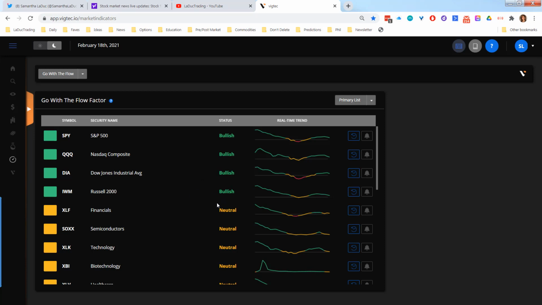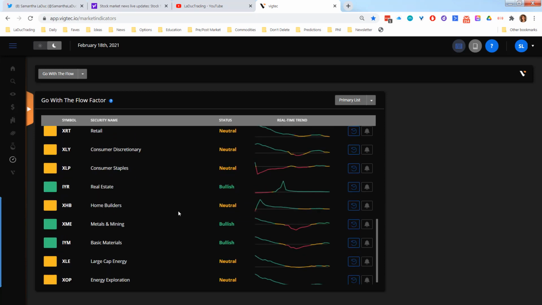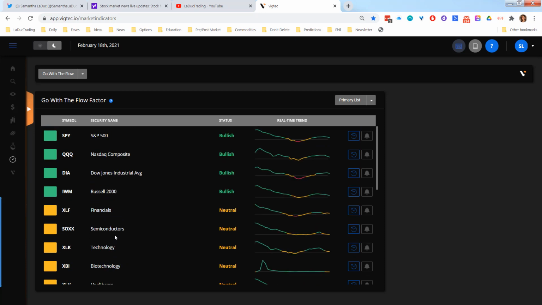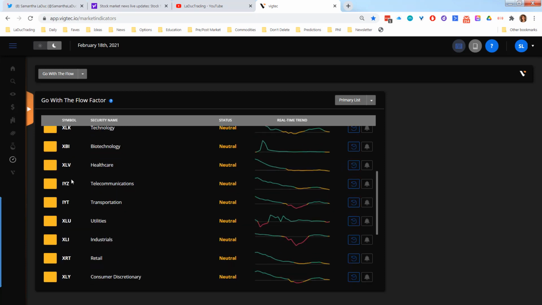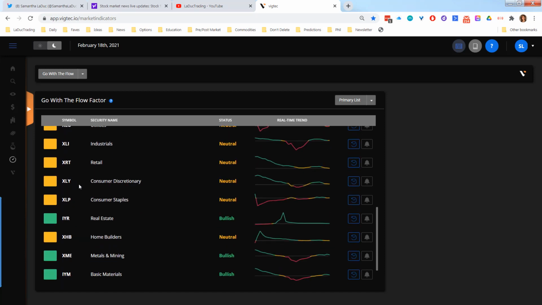But as you can see, big picture, the trend is not broken, right? So even though we have shown some selling for sure across indices and market sectors, big picture, the trend is still up. Nothing has busted. You don't see any red here yet, but we've gone from a solid green to now yellow in some cases.